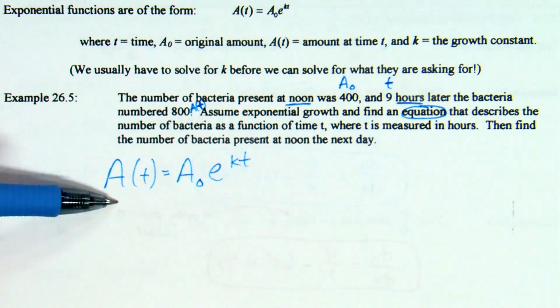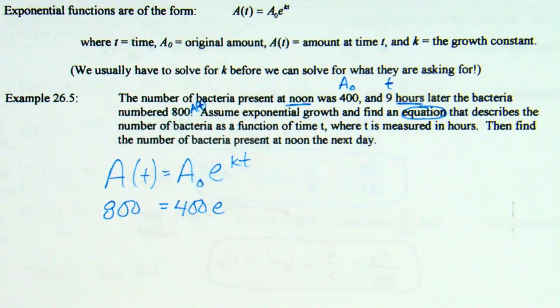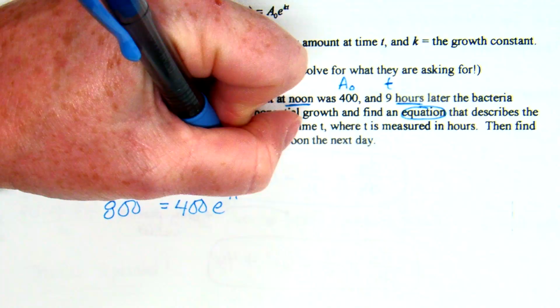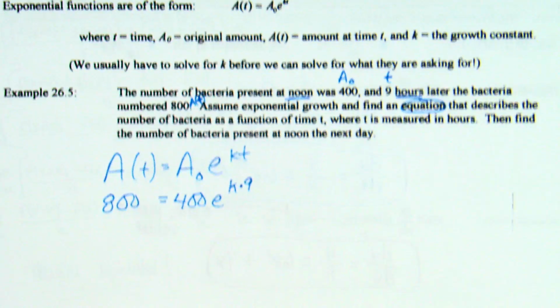A of t. So at time t, at 9 hours, this is 800. A of 0, 400. e is e, that's a number, yes. k is what we're going to first have to find out. And t is 9. So notice I have all variables filled in with the exception of k. That means my job is to find k.